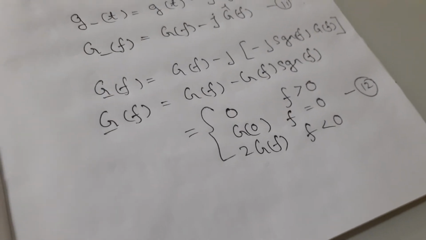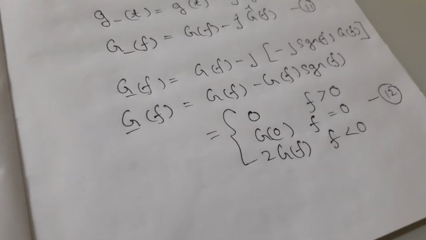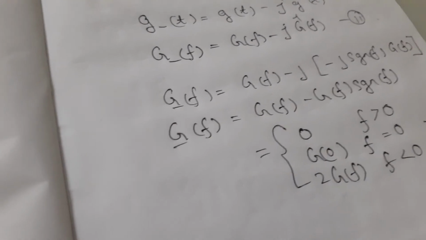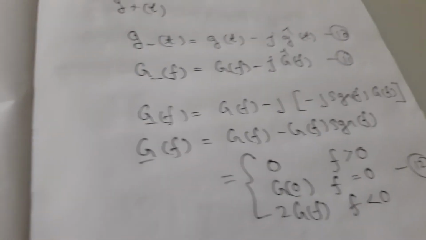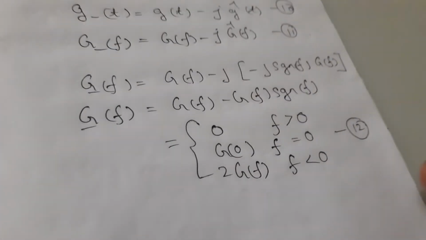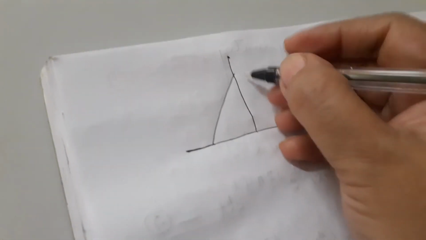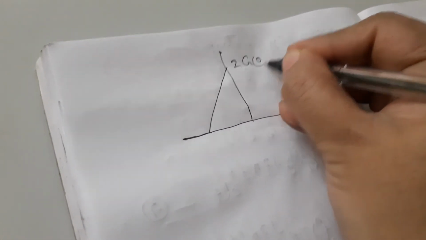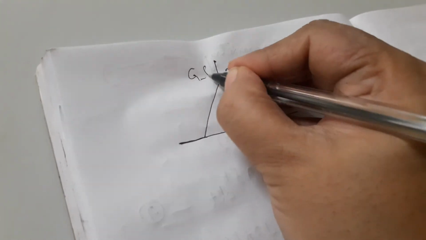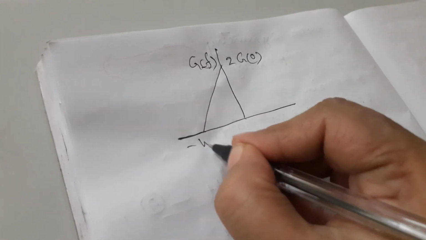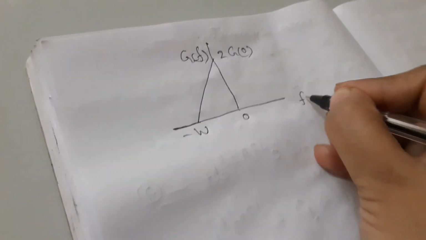Let us again assume that g of t is a low pass signal having a spectrum as shown in the figure. I'll make a figure for that. This will be like this. On the negative side, this is 2G naught. This is G minus of f, this is minus W, this is 0, this is f.